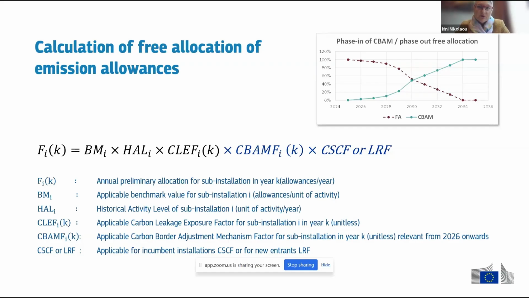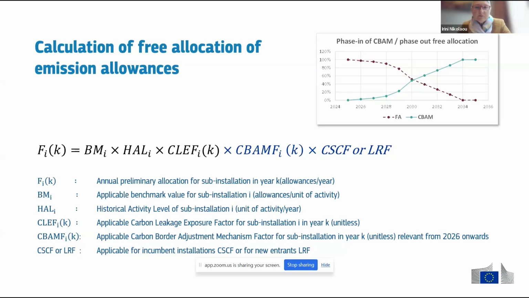So there are some products that are under CBAM, and the sub-installations that produce these products have to phase out free allocation following the same percentage as CBAM is phasing in.